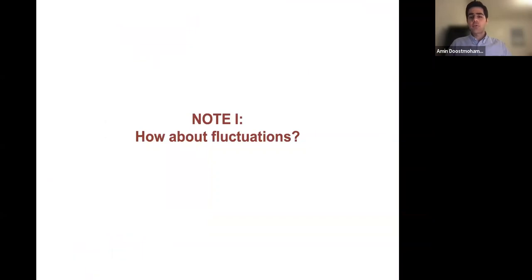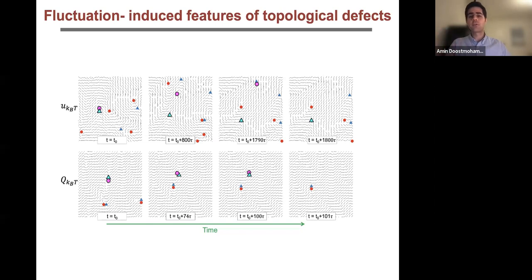One is about fluctuations, because we know that fluctuations occur in this system. We have recently tried to look at the continuum equations without any activity, only with fluctuations. One can implement fluctuations on the velocity or on the order parameter. So we would have a so-called hydrodynamic noise that you see here, or we can have a rotational noise on the nematic order parameter. It is expected that we would have defect formation if the noise is large enough.